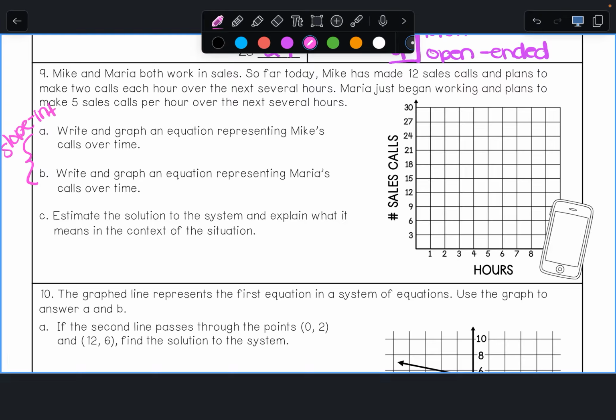It says, so far, Mike has made 12 sales calls. That means he started by making 12 sales calls. So y equals, that's my y-intercept, because my y-intercept is my starting point. And he plans to make 2 calls each hour. Each is that word that we use for slope, so 2x.